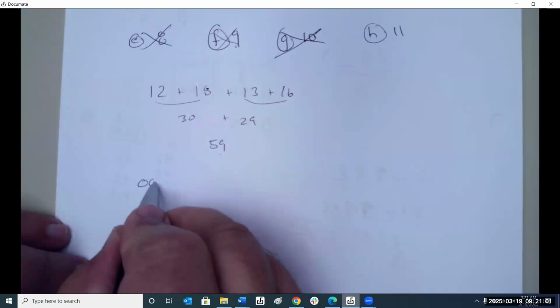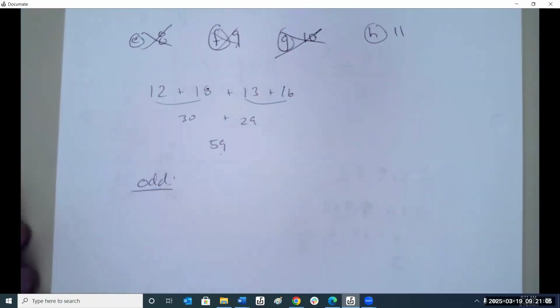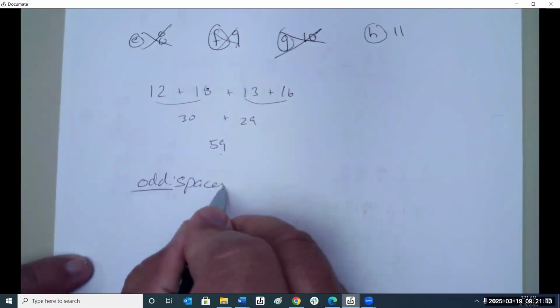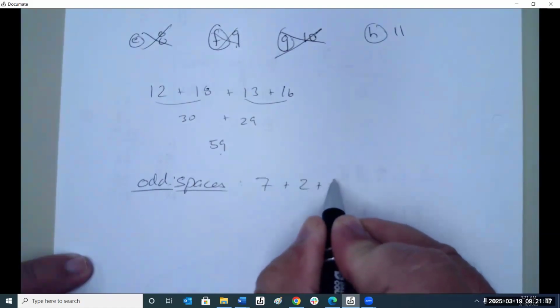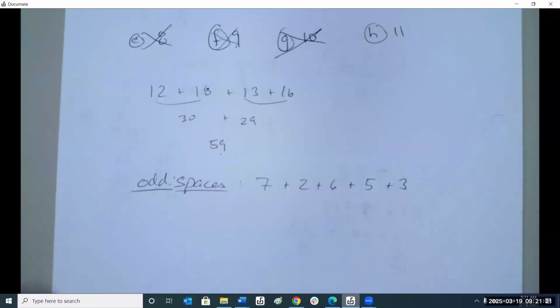So the odd digits. Even spaces minus odd spaces, not the digits. So here's odd spaces. So we have 7 plus 2 plus 6 plus 5 plus 3.